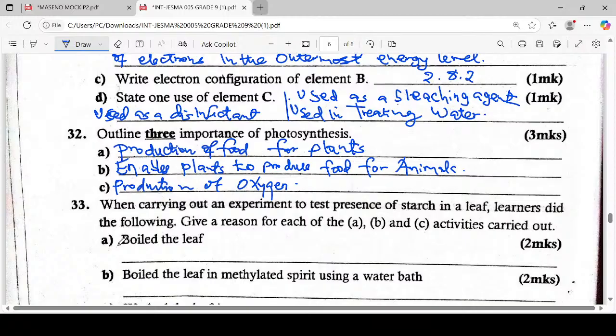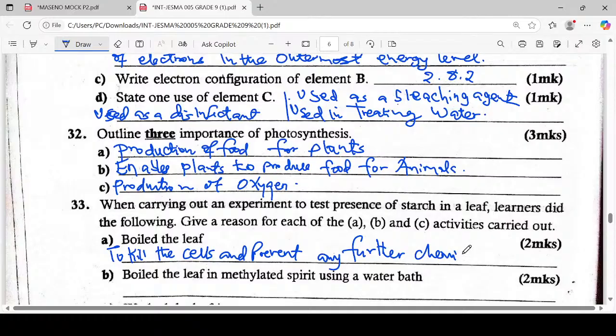So you can say to kill the cells and prevent any further chemical reaction.